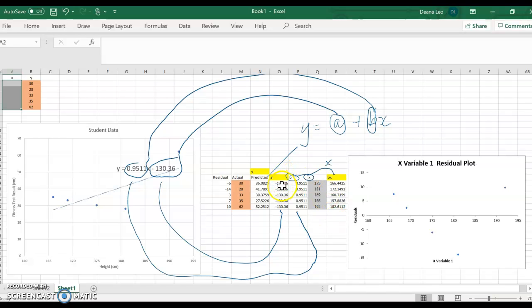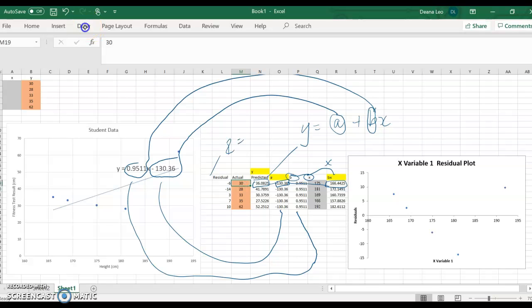And then here, your predicted is y equals a plus bx, so it's your a plus your bx. Okay, and then you drag that down, and then your residual is your actual take away your predicted.